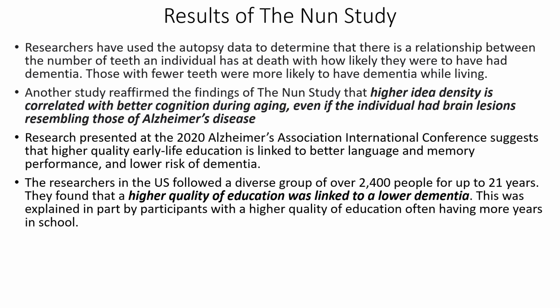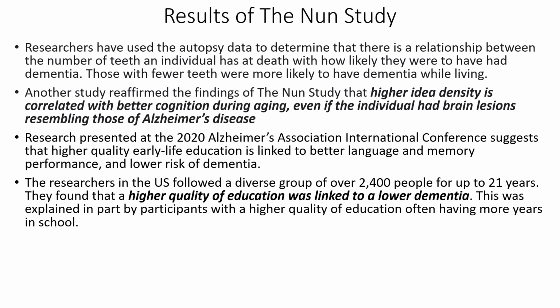It's very powerful. They had nuns who had never finished high school and nuns who had doctorates. And the more education they had, the lower the likelihood of dementia, and less dementia if it was realized.